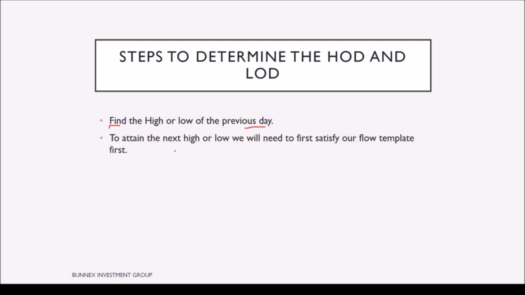So to attain the next high or low, we have to first satisfy our flow template that we have talked about earlier. Our flow template is actually derived from the wave theory, as we said. This is all done on the intraday time frame, which is the M15 time frame.